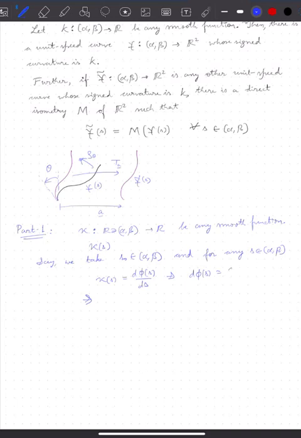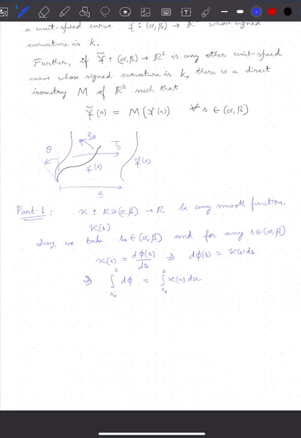So this will be equal to kappa of S ds, and integrating from S naught to S, and this we have as d phi, which is equal to the integral from S naught to S of kappa of U du, right?